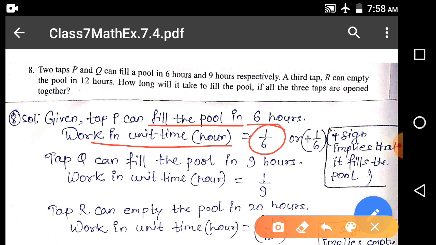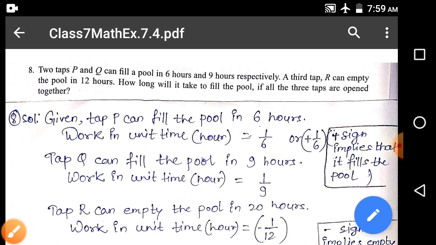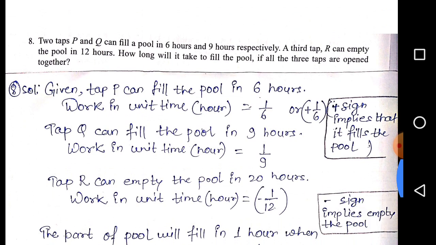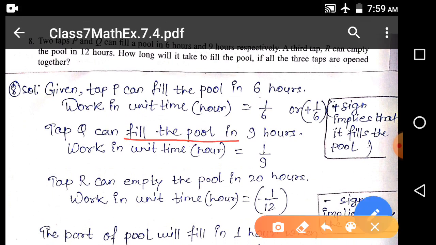Here 1 by 6 means plus 1 by 6, and this plus sign refers to the fact that tap P fills the pool. That's why the plus sign is taken here. Now go to the next. Here tap Q can fill the pool in 9 hours. So work is 1 and time is 9.